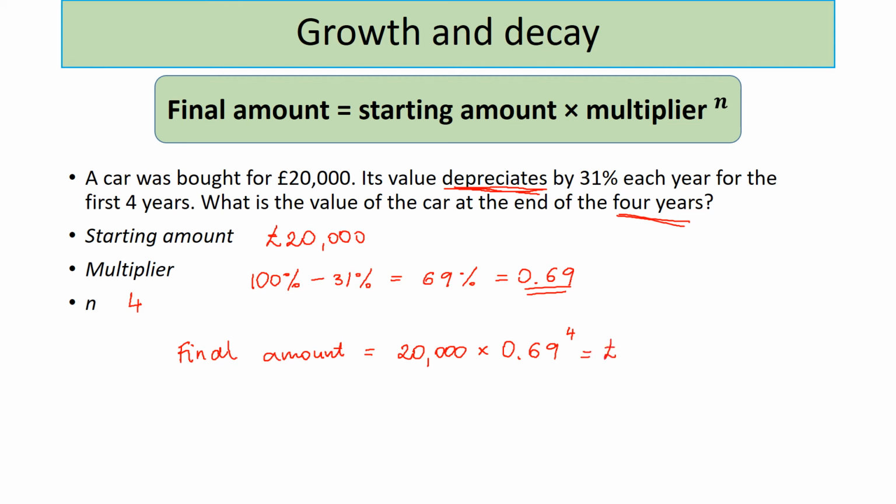You put this into a calculator and you get 4,533.4242. Again, because we're talking about money, your answer needs to be rounded to 2 decimal places. So that's 4,533.42. So that's the final answer.